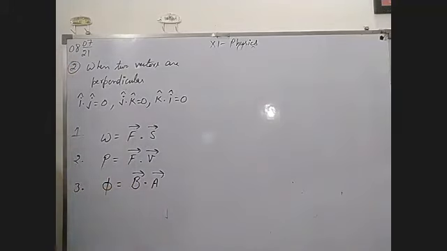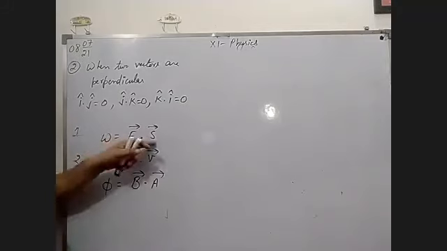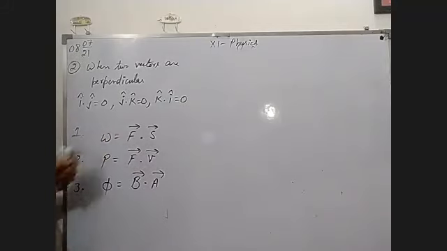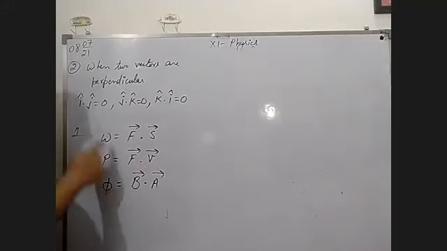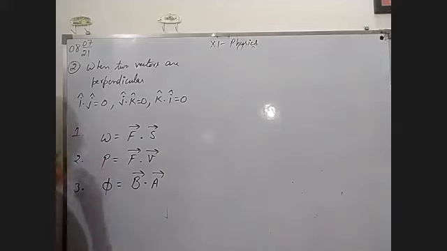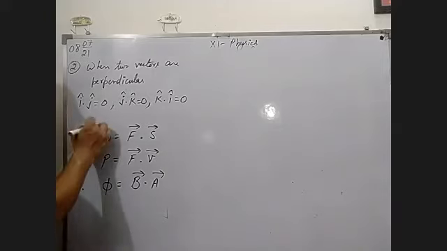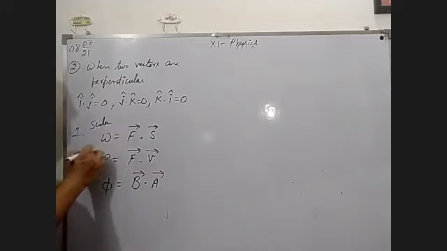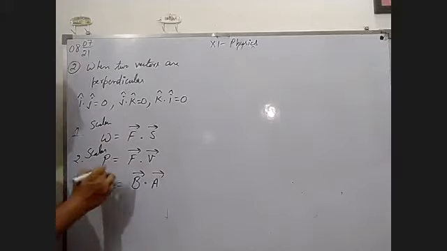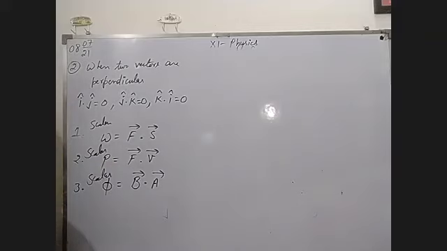So these are the three quantities where the dot or scalar product of two vectors gives you a scalar. No arrow is there, because these three quantities are scalar. No particular direction is there. That's why they are called scalar quantities.